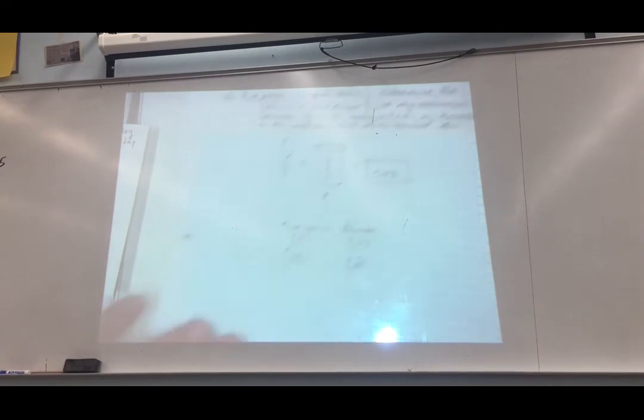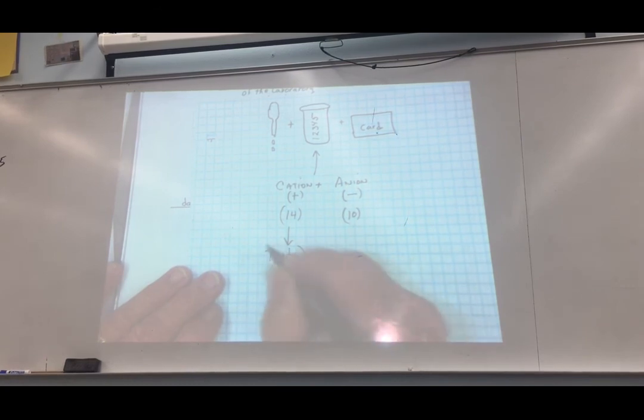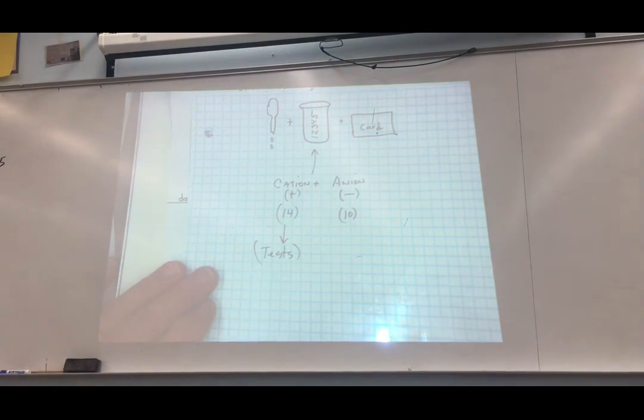Now, if you look at your handout, there are separate tests for the cation. Things you can do to determine your cation. And there are separate tests for the anion.